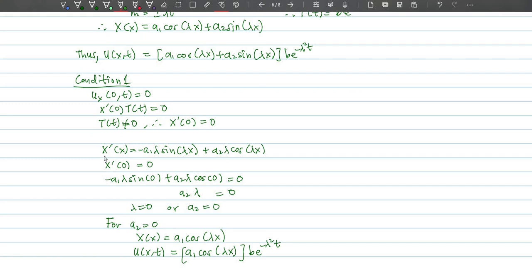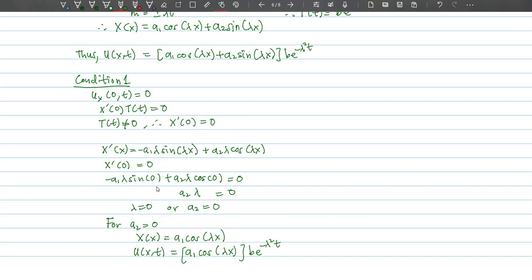So we just need to differentiate S(x) with respect to x in order to get S'(x). Hence we have negative A1 lambda sin lambda x after we differentiate the first term, and for the second term we have A2 lambda cos lambda x. Since S'(0) equal to 0, we need to substitute 0 in S'.